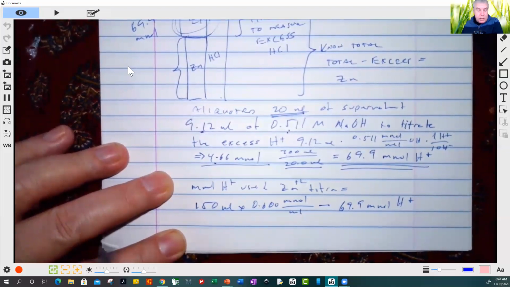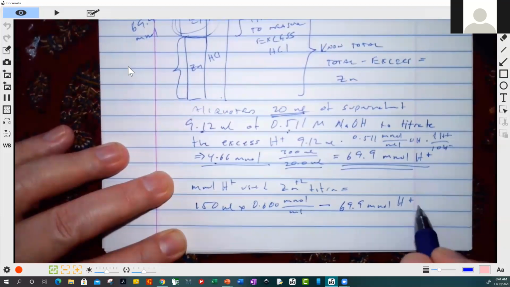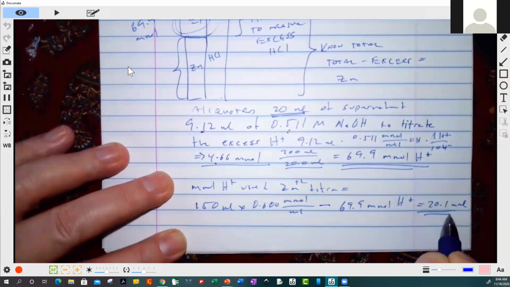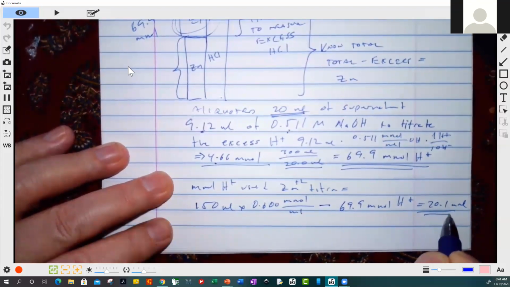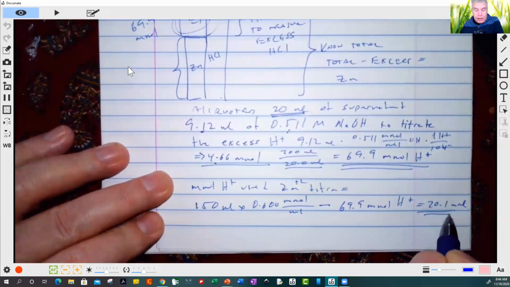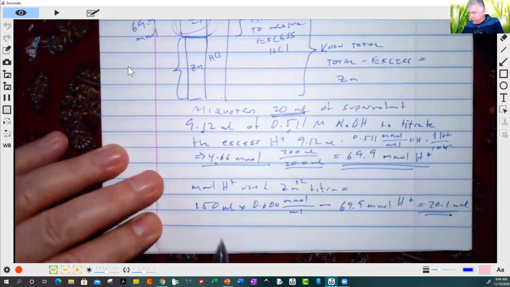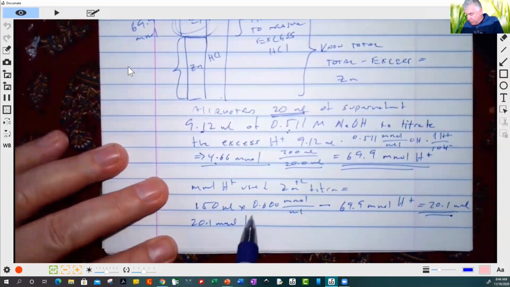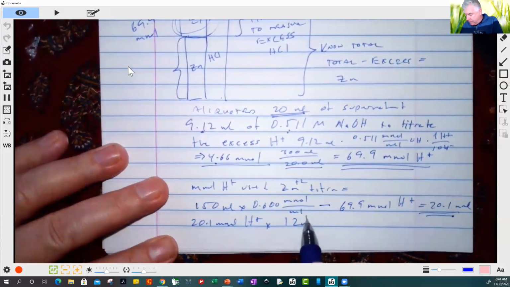So this here is about 20.1 millimoles, right? And now to get the amount of zinc in here, we're going to say 20.1 millimoles of H+ times 1 zinc for 2 H+, right?